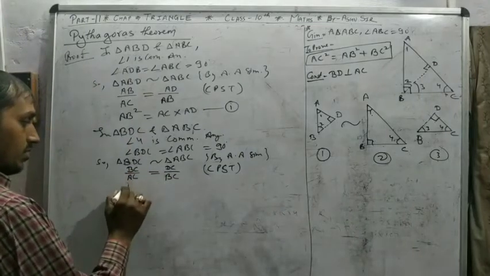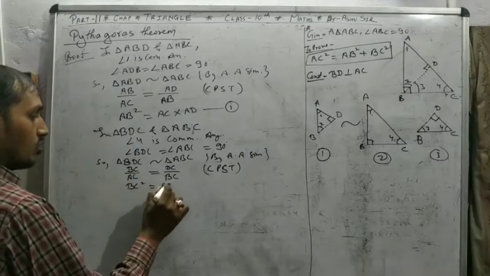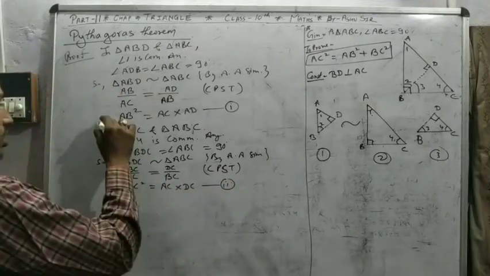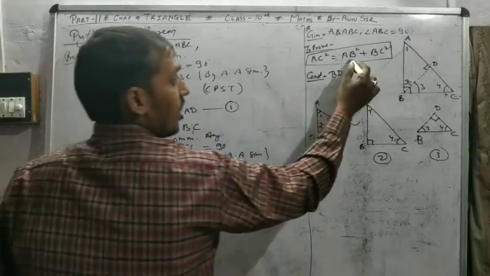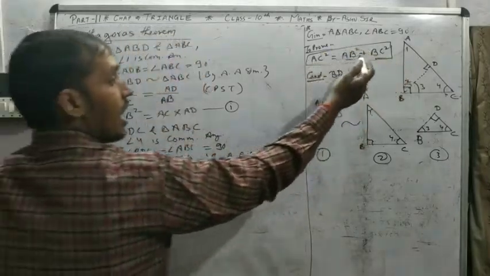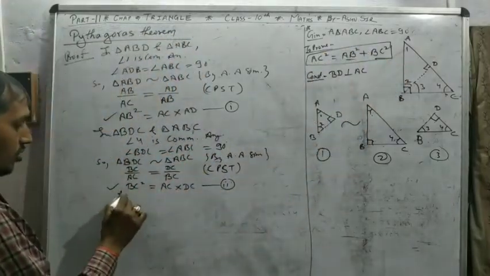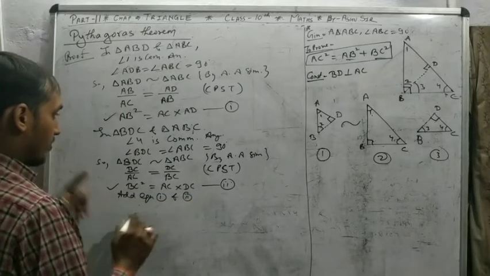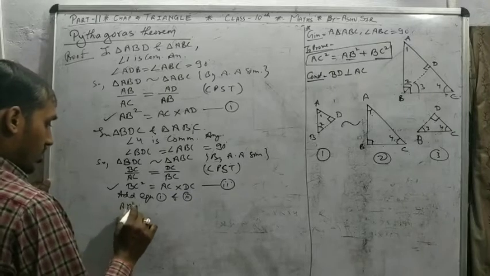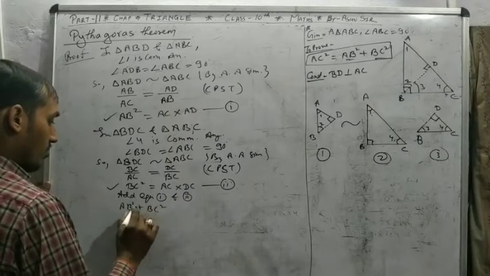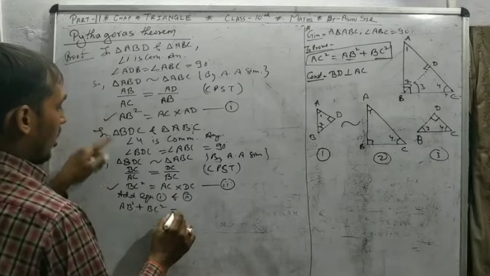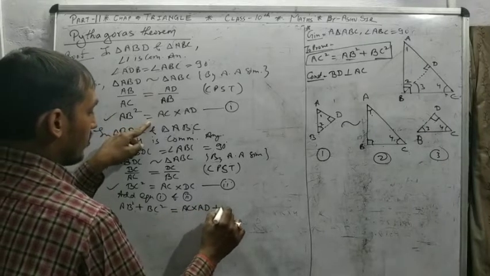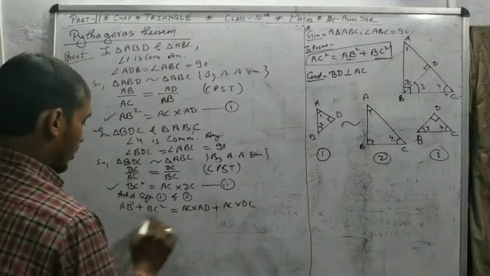Cross multiplying, BC square is equal to AC into DC, equation number second. This part and this part, this and this. So you want the addition sign between them. So add equations first and second. AB square plus BC square on the left. AC into AD plus AC into DC.